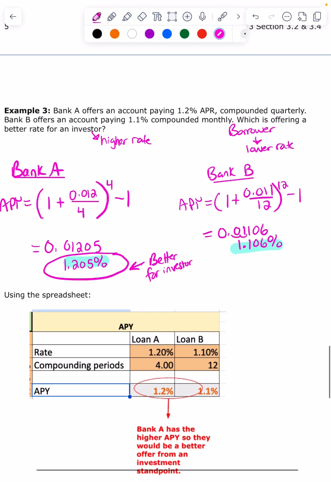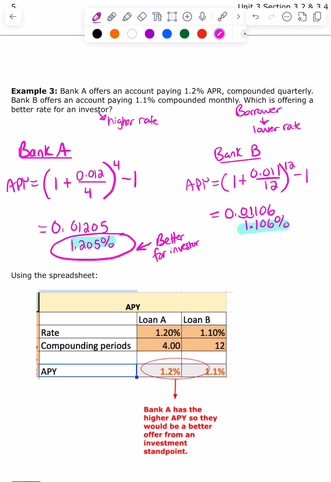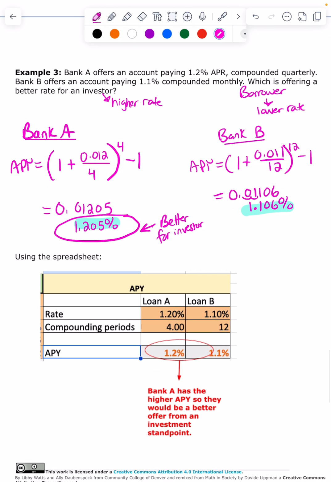So it might seem like we started with 1.2 and we basically got 1.2. And then with Bank B, we started with 1.1 and we essentially got 1.1. But if you change, you can mess with those compounding periods, and you can get it so that the 1.1 is actually a worse or a better deal for the investor than the 1.2, just depending on how many compounding periods.